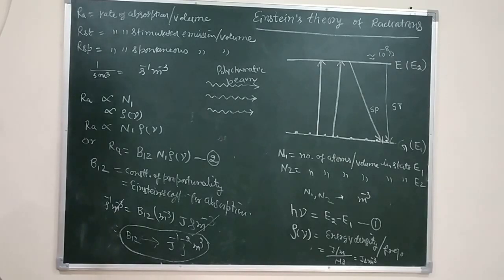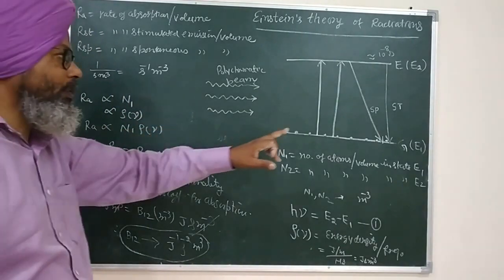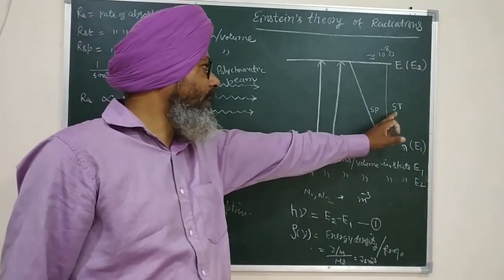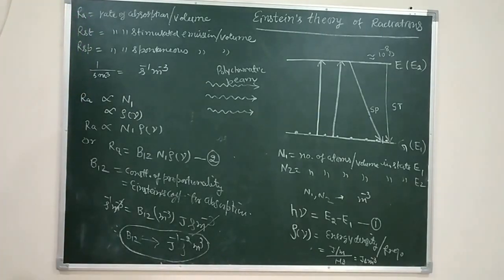Next, this is the rate of absorption. Then we want to find the rate of emission. However, emission is of two types: one is spontaneous and another is stimulated. So we need to find the rates of both.